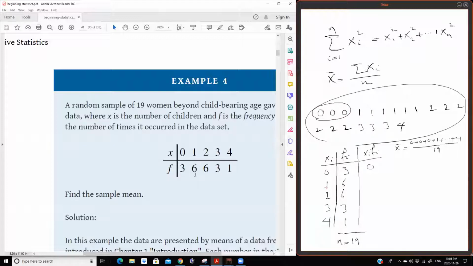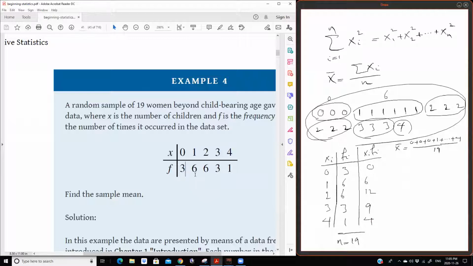Then I multiply 1 and 6, I get 6, the sum of the 1's. Then I multiply 2 and 6, I get 12, the sum of all the 2's. I multiply 3 and 3, which is the sum of all the 3's, 9. And I multiply 4 and 1, which is the sum of all the 4's.